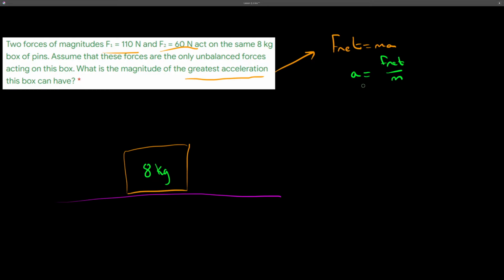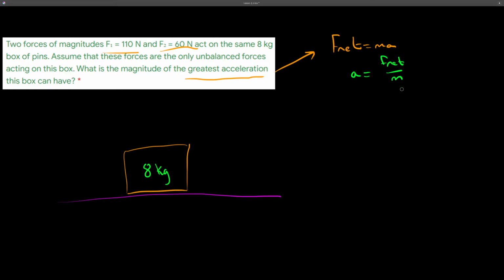When does the acceleration increase? When we increase the F net. For example, 20 over 5 is 4, but if we increase this to 40 over 5, this is going to be equal to 8. So increasing the force increases the acceleration.